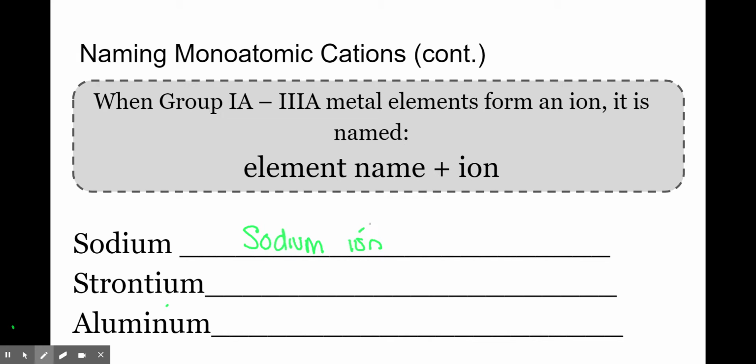When strontium forms an ion, it's going to be named strontium ion. Aluminum is going to form a positive ion. It's going to be named aluminum ion.